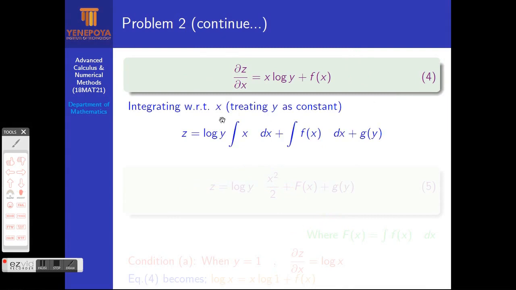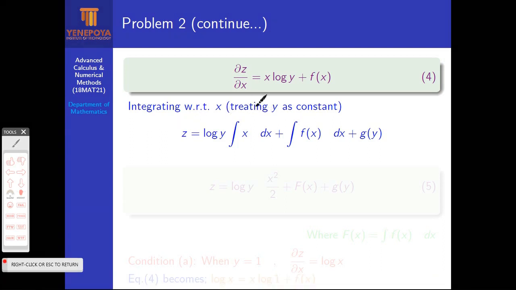Integrate with respect to x, treating y as constant now. So we will get z is equal to log y as constant, integration of x with respect to x, plus integration of f of x with respect to x, plus function of y, that is the integration constant.